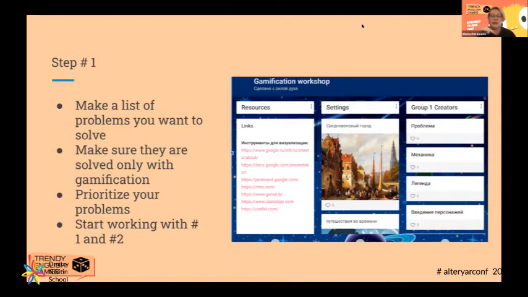Then we prioritize our problems and we start working only with problem number 1 or problem number 2. Here on the slide, you can see a screenshot from our Padlet shelf when we worked with our groups. The first thing we start with is problems. Only then do we get to game mechanics, legends, stories, and different characters in our gamification frameworks.